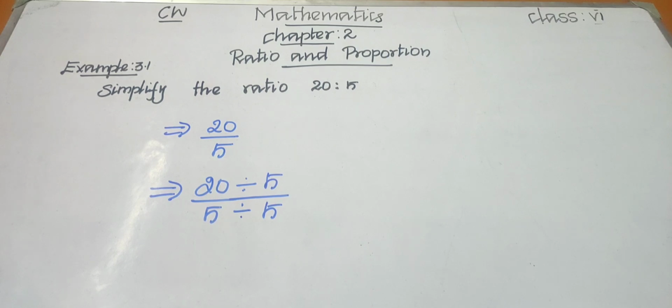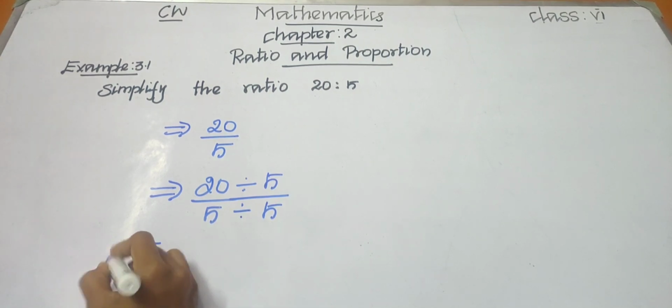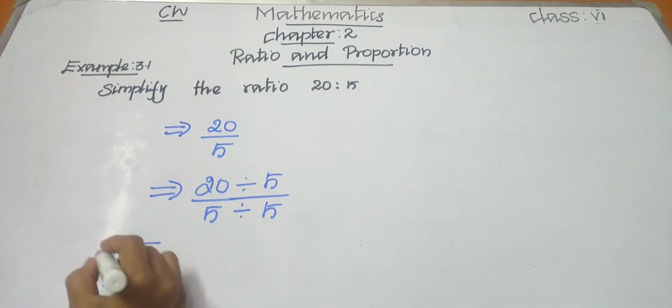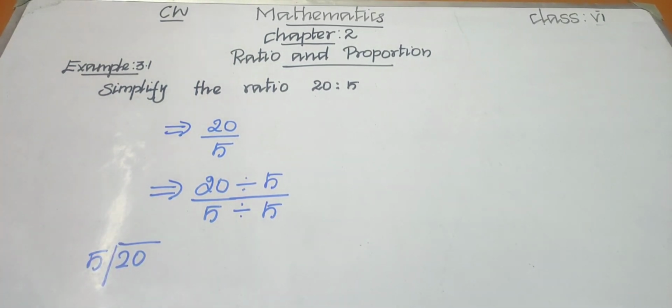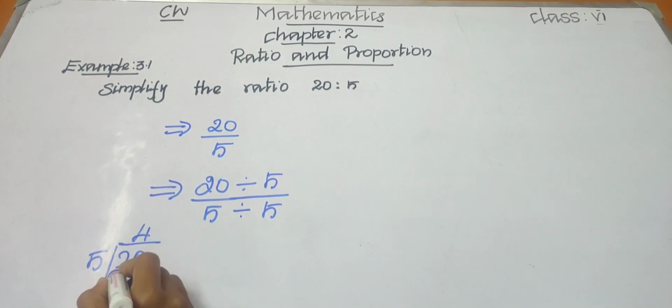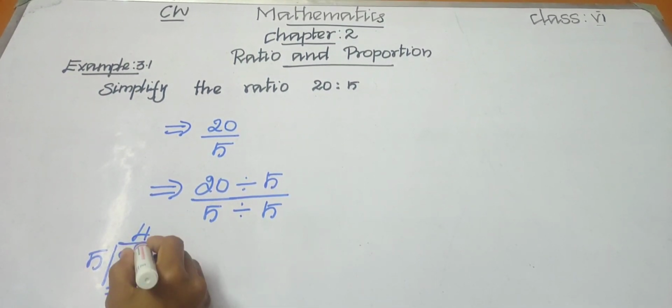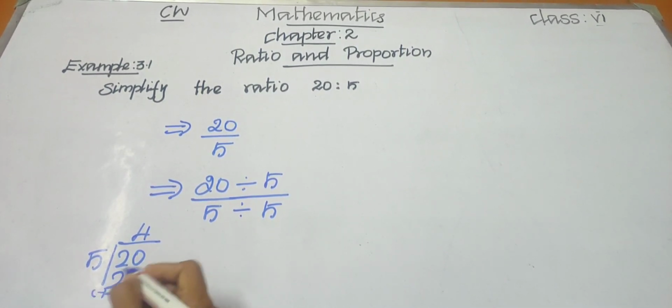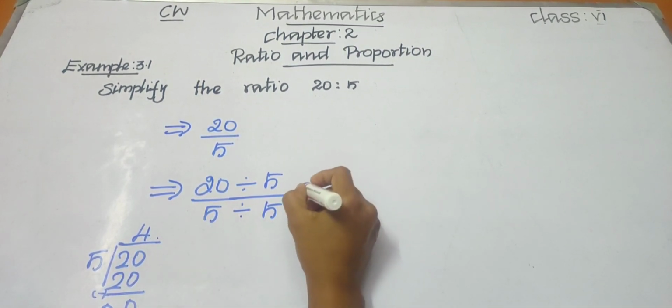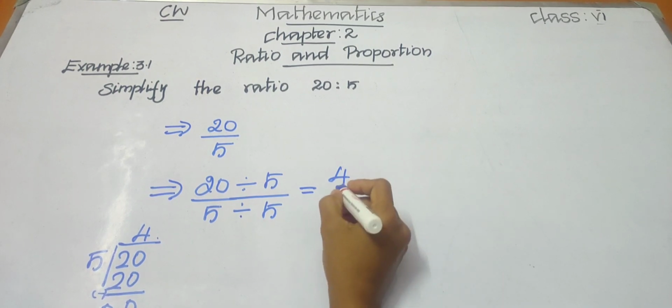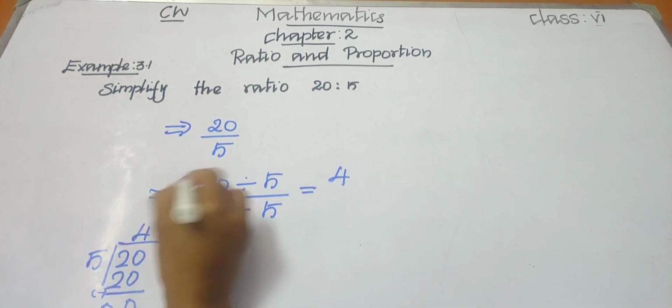Now can we divide? 20 is the dividend and 5 is the divisor. Say the 5 table: 1 5 is 5, 2 5s are 10, 3 5s are 15, 4 5s are 20. So put 4 in the quotient and 20 here. Subtract: 0 minus 0 is 0, 2 minus 2 is 0. So the answer is 4, and we put 4 in the numerator.